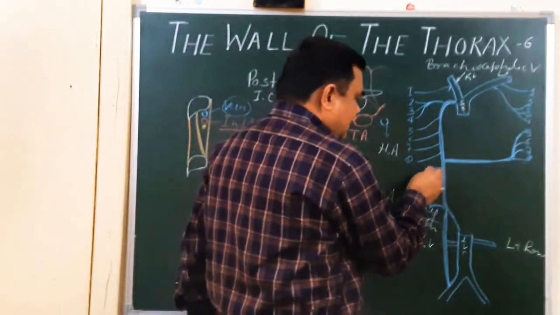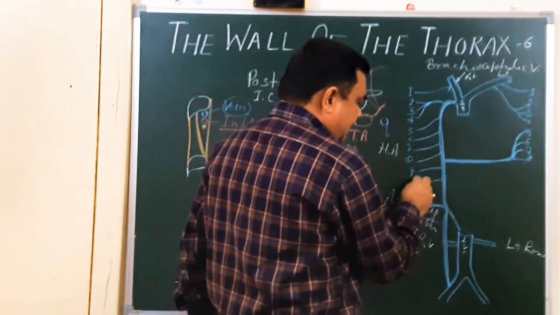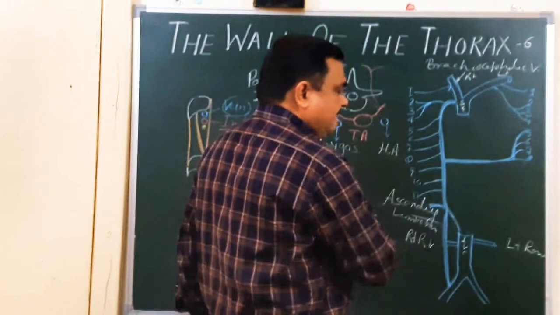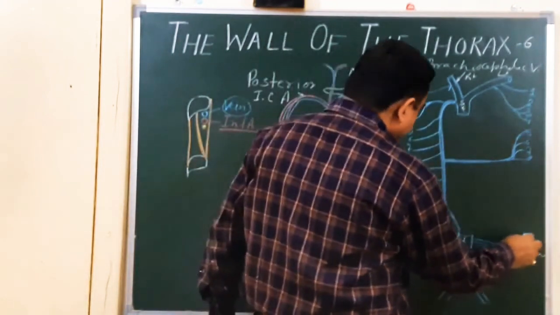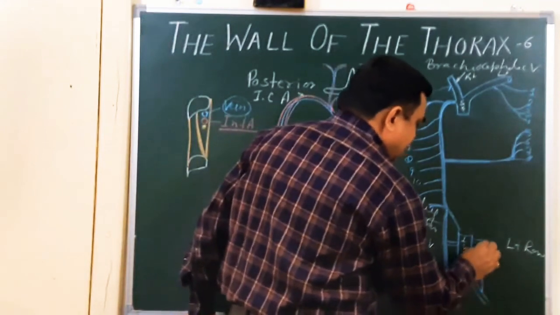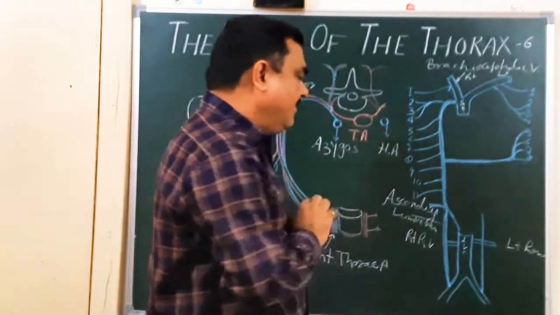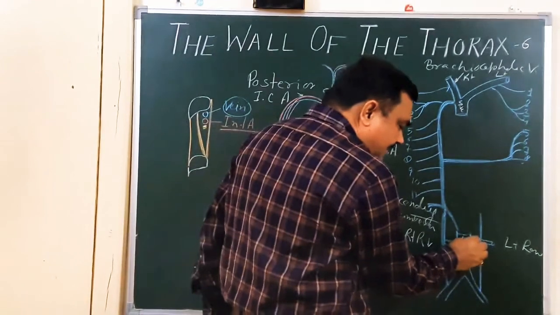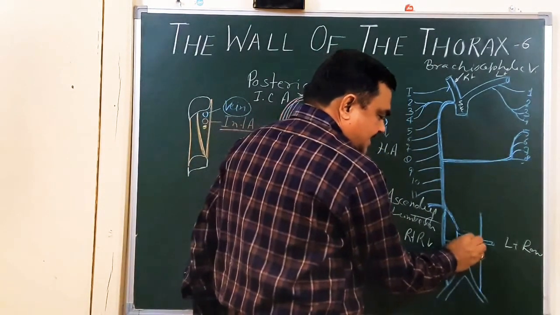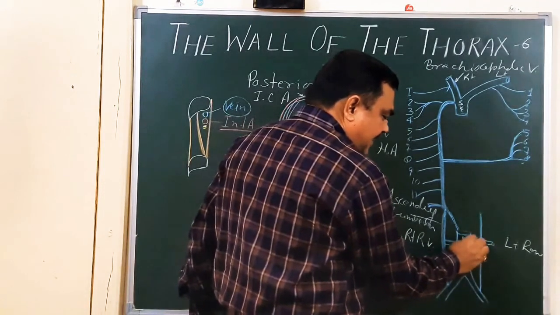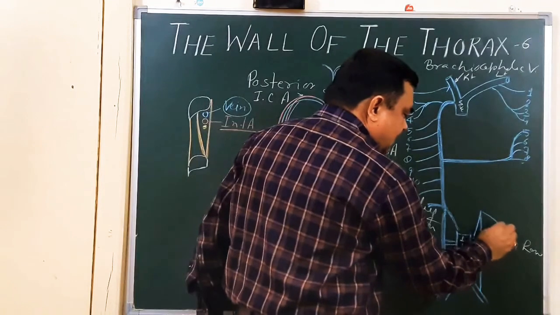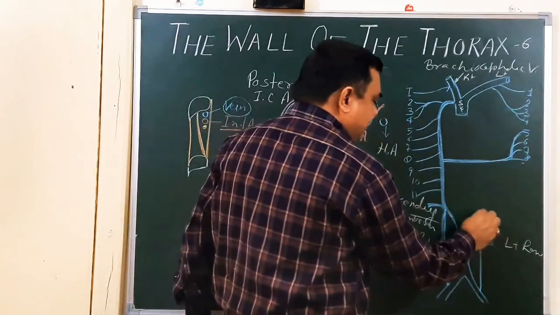So this is accessory hemiazygos vein. Here is 9th, 10th and 11th posterior intercostal vein, and here on left side this is left ascending lumbar. Here is lumbar azygos. On left side lumbar azygos is tributary of left renal vein. This is lumbar azygos, and here is subcostal on left side.